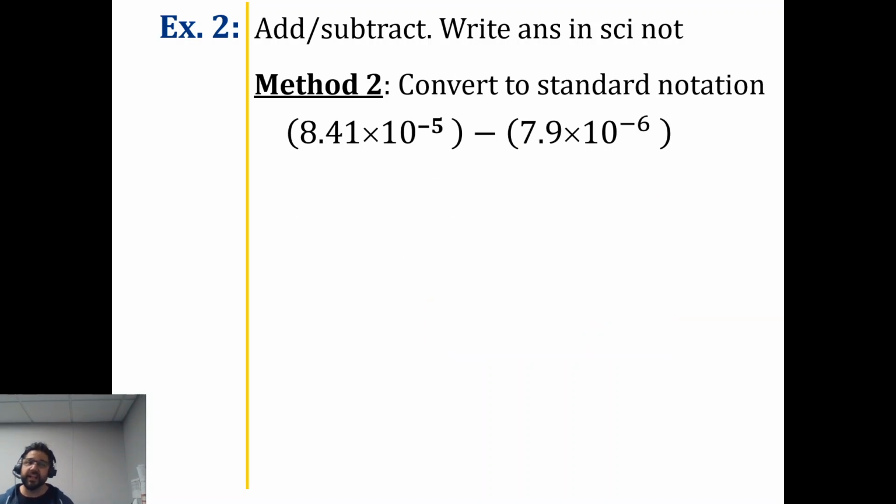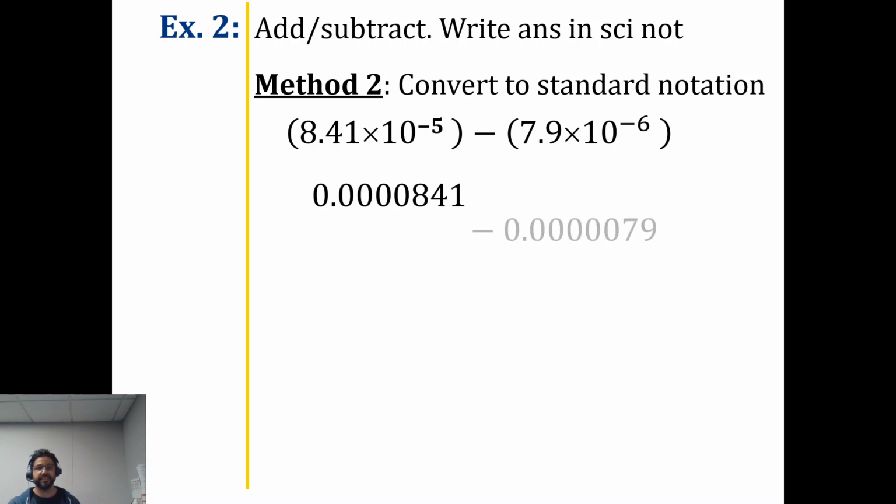Again, this is maybe why some students may not want to do method number 2, is because if you notice with your exponents, you have to move it several times, which means you're going to have several zeros that you're going to have to line up. So for the first one, 8.41, you're going to move your decimal to the left 5 spaces. And then for the 7.9, you're going to move your decimal to the left 6 spaces.